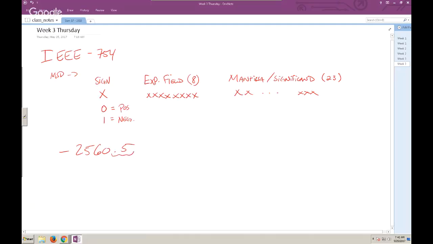No, that's the point. The whole point of the IEEE 754 single precision floating point number is to allow us to compensate for that decimal point. So we do need to figure out what this portion here is. Yes. Now we don't want to just encode negative 2560 into hex though, do we? What is it we want to take into hex?